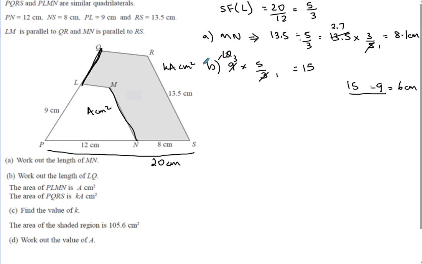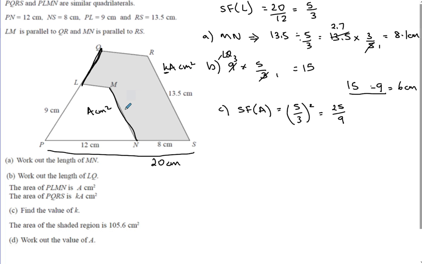All right, well, that looks like a scale factor. Yeah, so if the scale factor of the length was 5/3, then the scale factor of the area would be 5/3 squared, which would be 25/9.